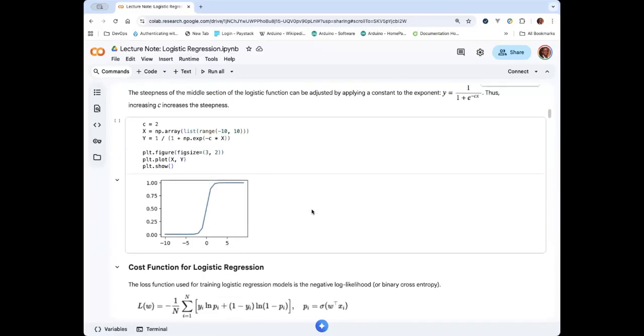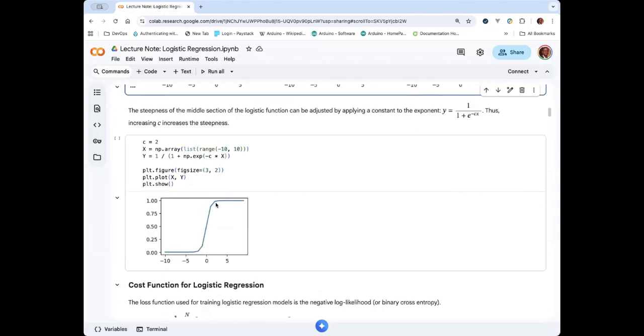Now, the interesting thing is that this transition section, we can make it steeper so that we have a faster transition. A simple way to make it steeper is to add a coefficient to the value of z, the independent variable. So we add this coefficient c, which becomes a multiplier to the independent variable that determines y.